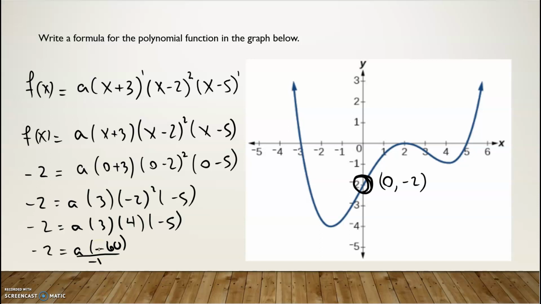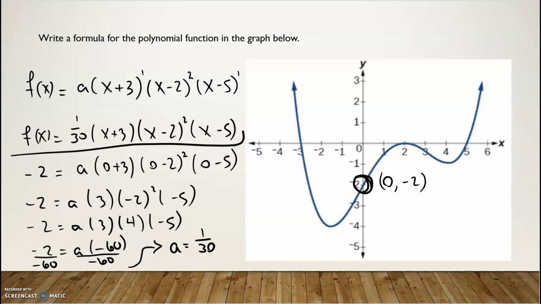We're going to divide both sides by -60. So a is going to be positive, and then take a 2 from both of them, so 1 over 30. Okay, so to complete our formula, change that to 1 over 30, and then that is our final answer for this function right here.